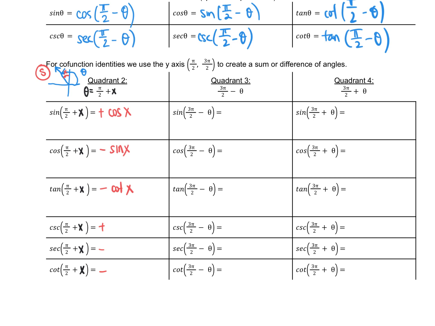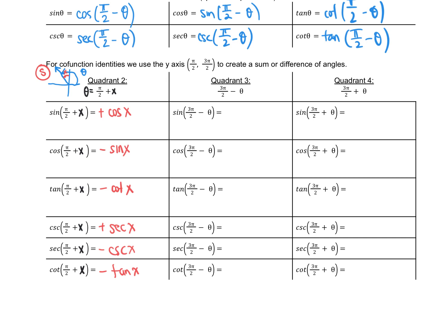And then cosecant is complementary to secant, but in quadrant 2, secant is negative, and cotangent is negative there and complementary to tan. So the relationships are the same: sine with cos, cos with sine, tan with cotangent, cosecant with secant. It's just that the sign of the ratios will be different depending on your CAST rule.